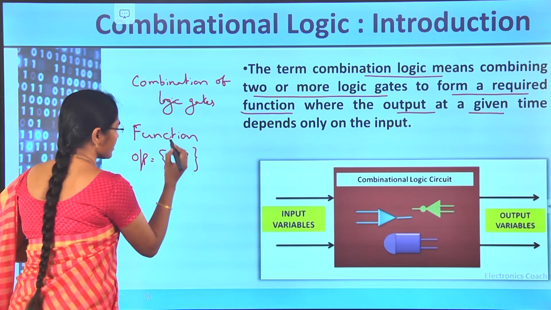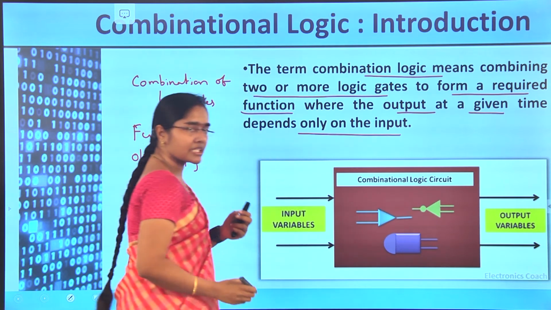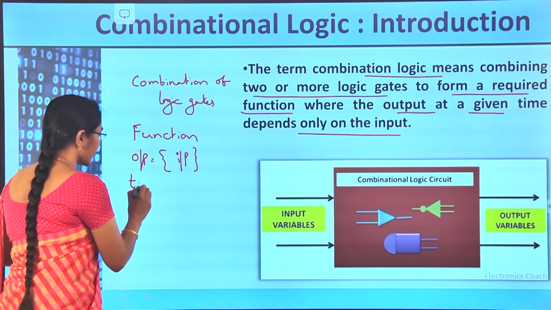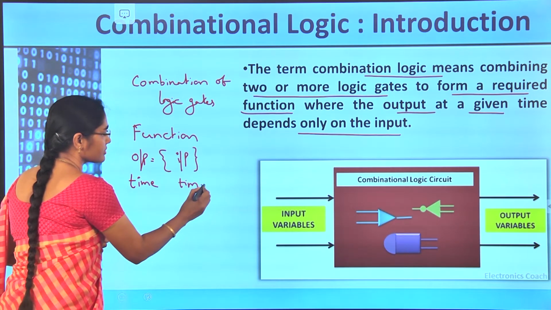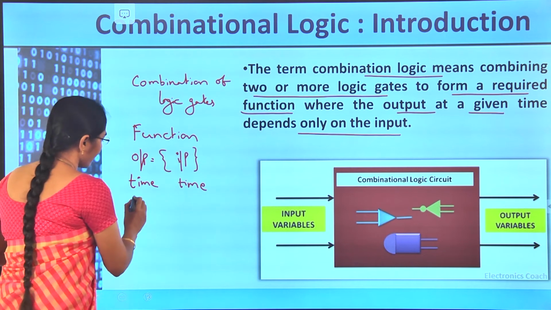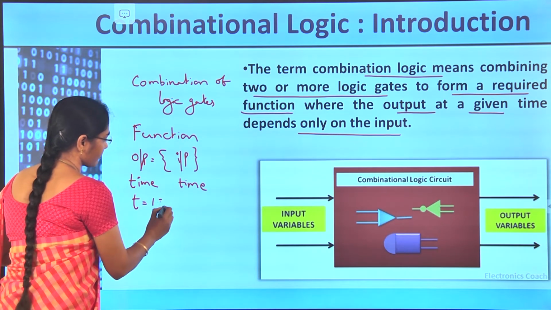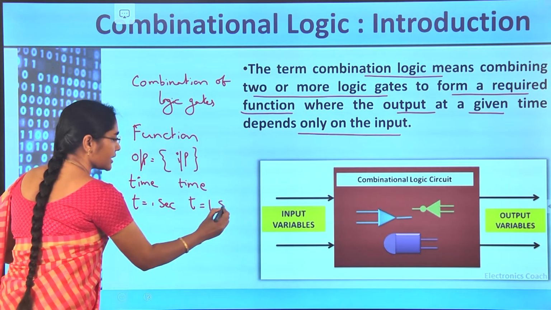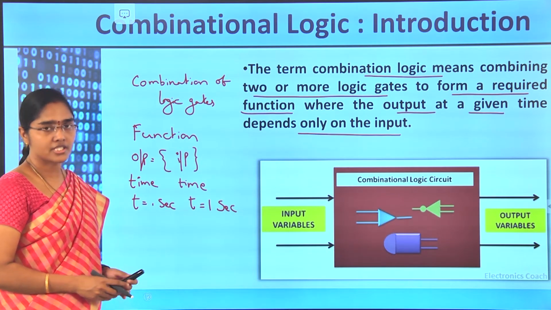The output at time t and the input at time t are the same. If the output is defined at time equal to 1 second, the inputs are also considered at time equal to 1 second only. That is the combinational logic design.